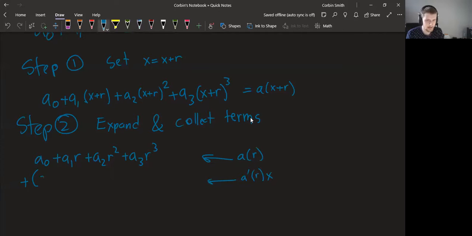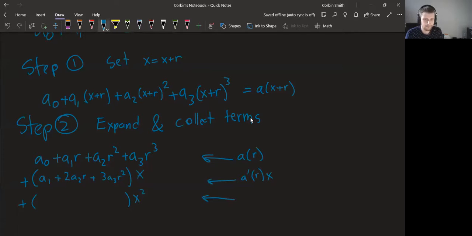So if we collect terms, we actually do get a1 plus 2a2r plus 3a3r squared times x. And what was the next one? Do you remember?